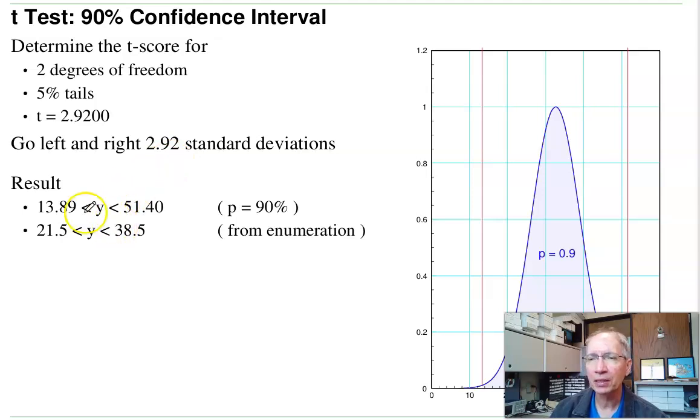So for the sample mean, going left and right, 2.92 standard deviations tells me the 90% confidence interval is between 13.89 and 51.4. The correct answer is 21.5 to 38.5. That's using enumeration. So I'm a little bit off, but again, I only have a sample size of 3.